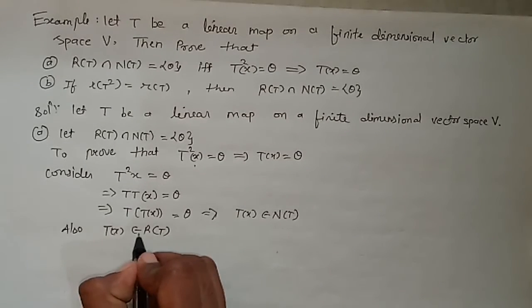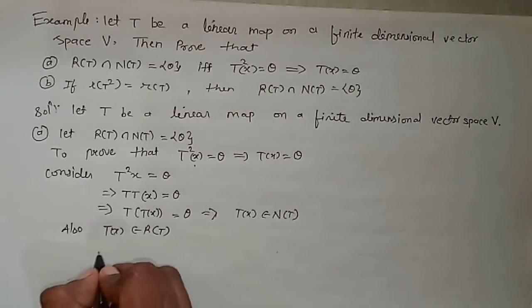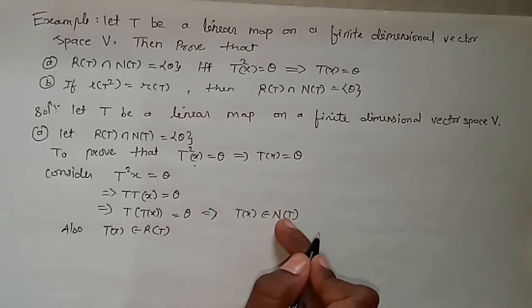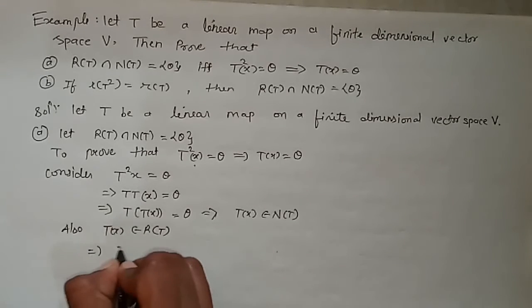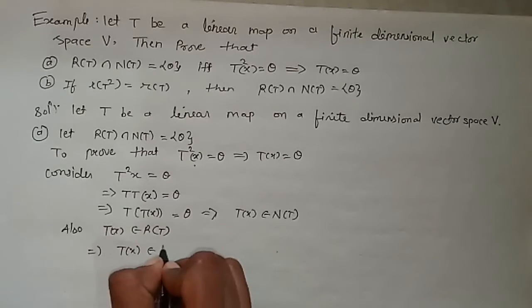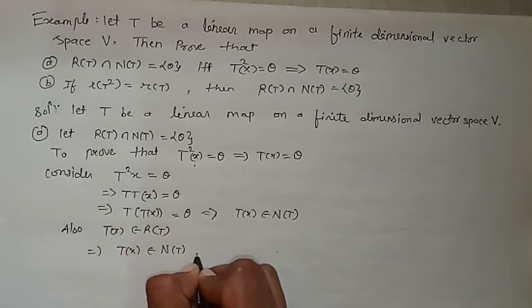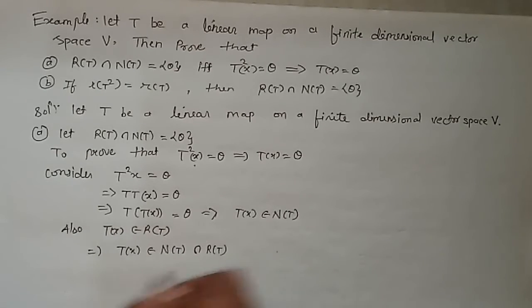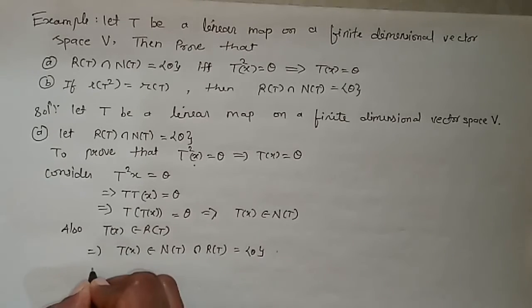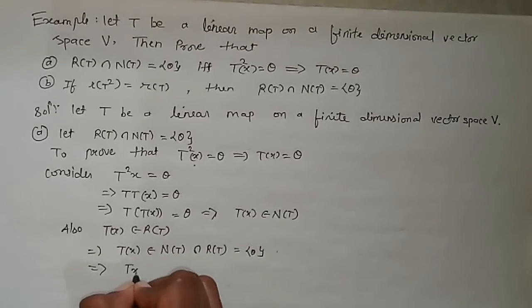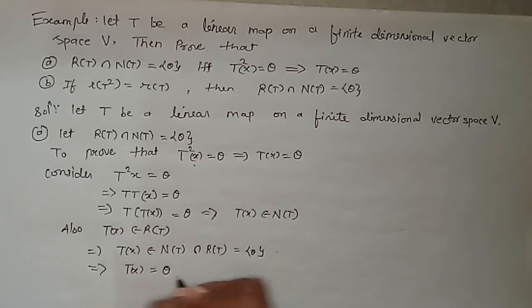So obviously T of x belongs to R of T. So T of x belongs to R of T and T of x belongs to N of T, this implies T of x belongs to the intersection of nullity of T and R of T. But this contains only the zero element. So this implies this T of x is equal to theta.